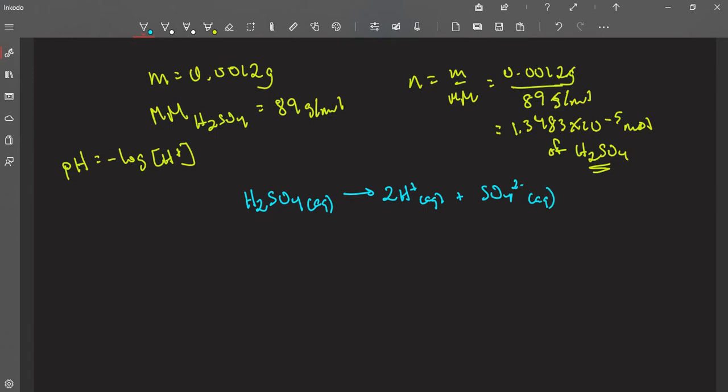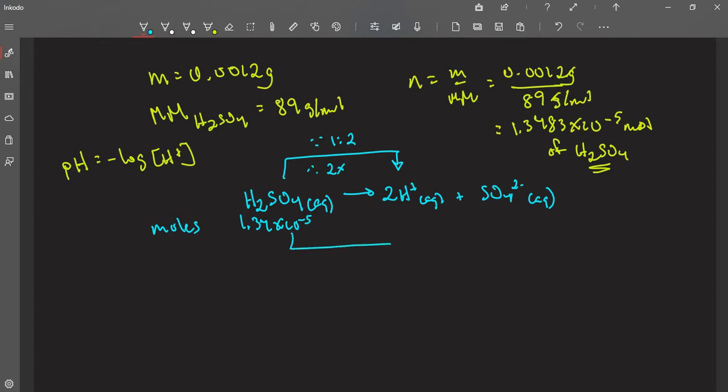So if we figure out the number of moles which we have of H2SO4, 1.34 times 10 to the negative 5 moles, we need to go from here to here. Now, using some stoichiometry, we can use a factor label method, a proportion method, or simply a since-and-therefore statement. We can say since it's a 1-to-2 ratio, then all we need to do is multiply this by 2.